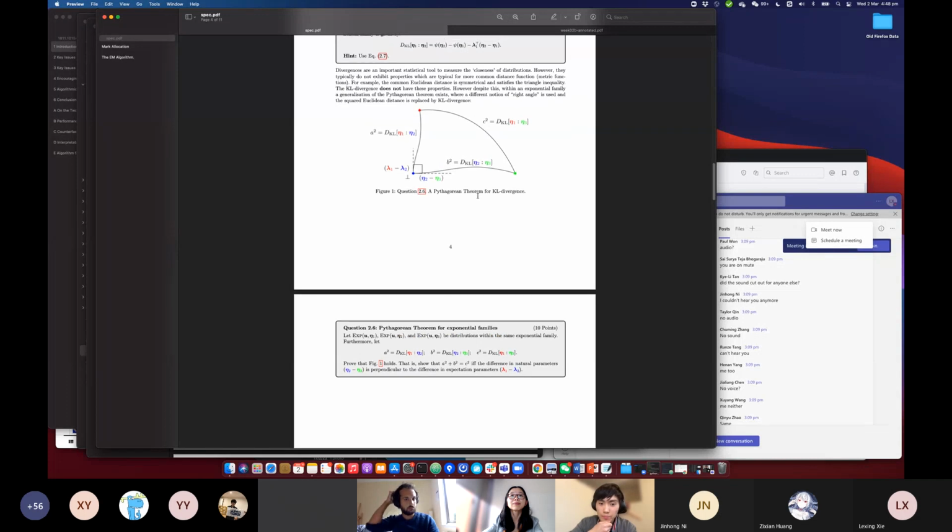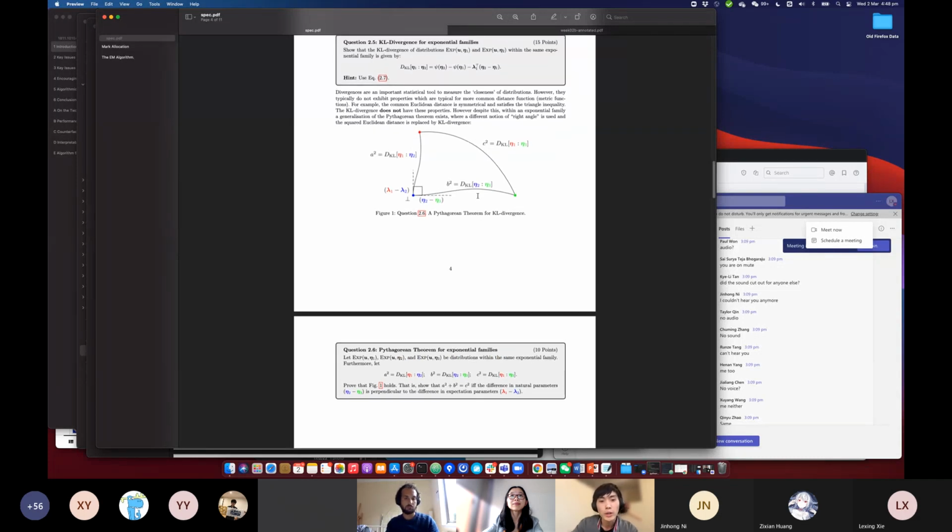Intuitively, it would look kind of similar if you print it out on a piece of paper, but there are some mathematical details you'll have to work through. And 2.5 is the key lemma which lets you prove this result without too much difficulty, so a lot of the work is going to be in 2.5. Hopefully this is one of the nice geometric properties you'll be able to discover and prove with exponential families.